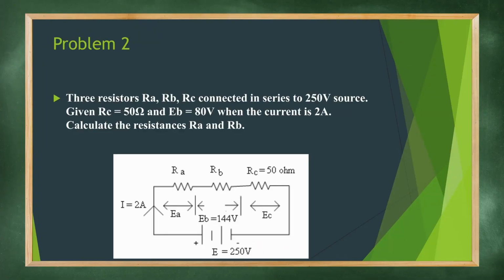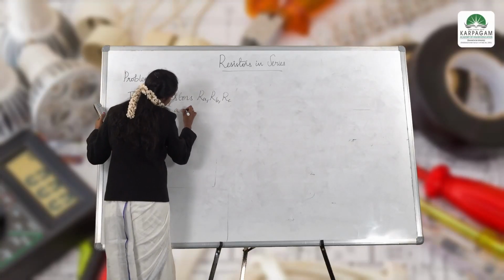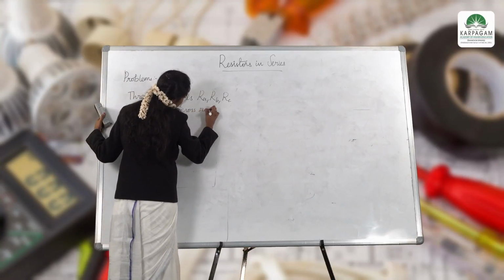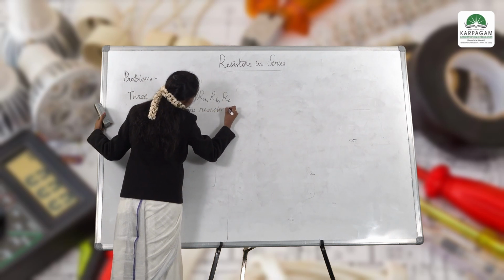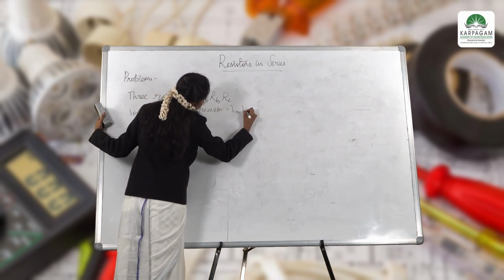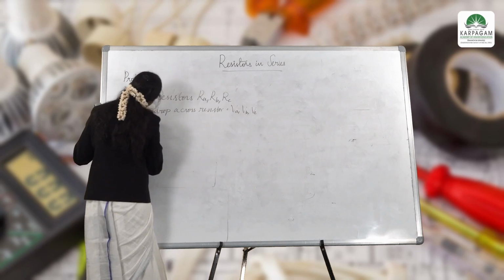We have 3 resistors in a circuit, RA, RB and RC, and we have a voltage drop across the 3 resistors. The voltage drops will be VA, VB and VC.